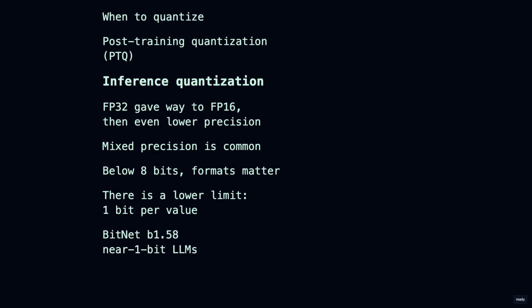BitNet b1.58 is a striking example. It uses about 1.58 bits per parameter and still reaches performance close to a 16-bit Llama 2 at several model sizes. The point is not that precision no longer matters, but that clever design can preserve quality at very low bit rates.